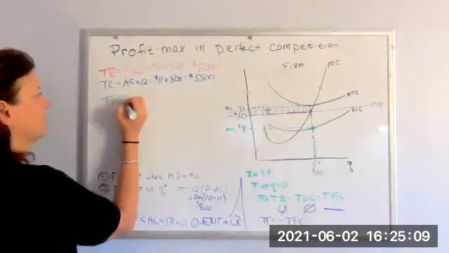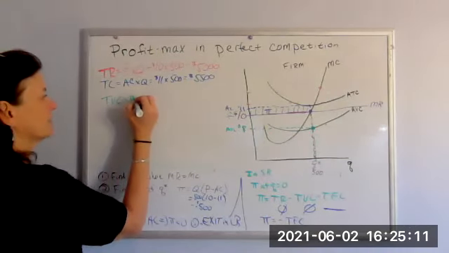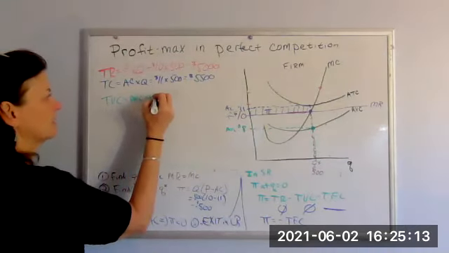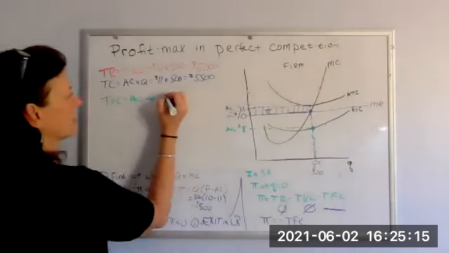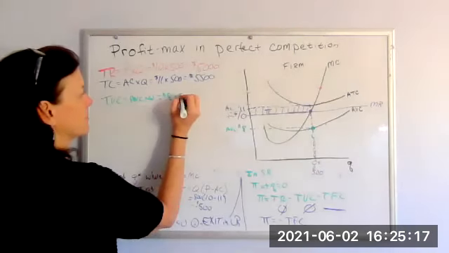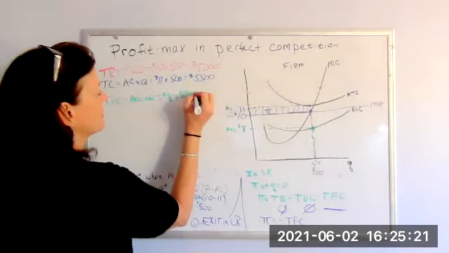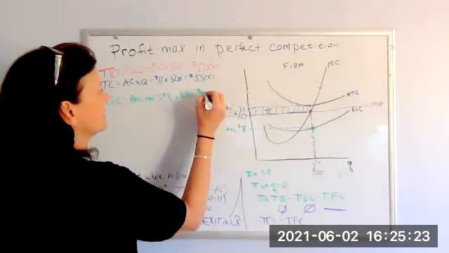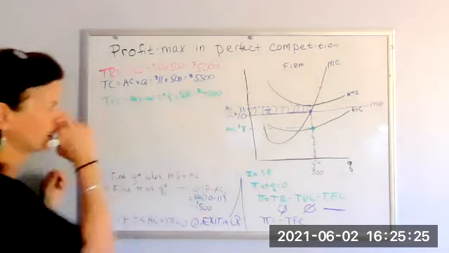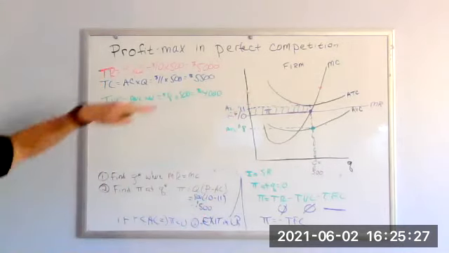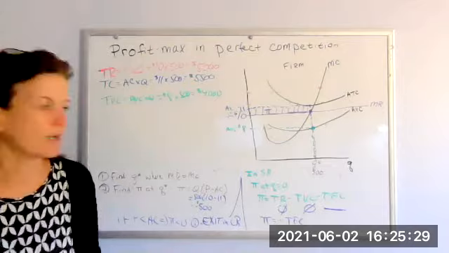So I know my average variable cost and I know my output. My average variable cost is $8. My output is 500. And so my total variable cost is $4,000. My total cost is $5,500.